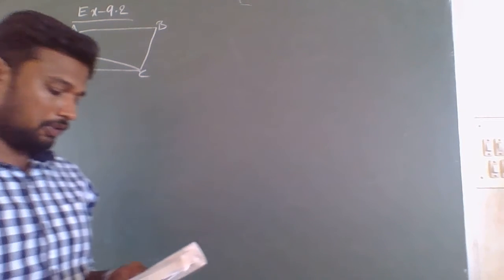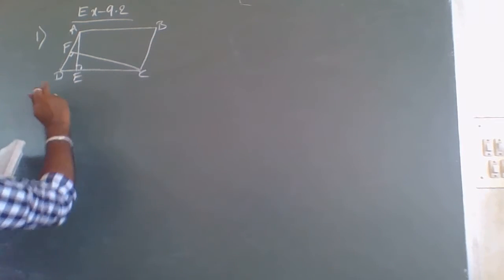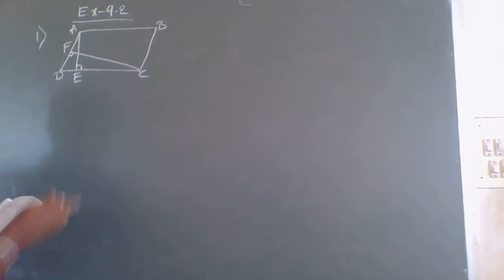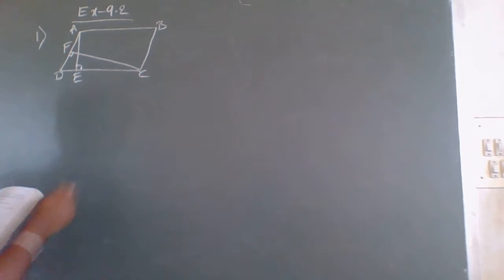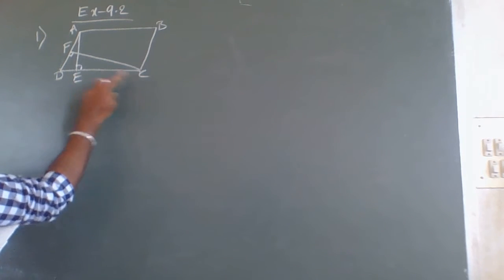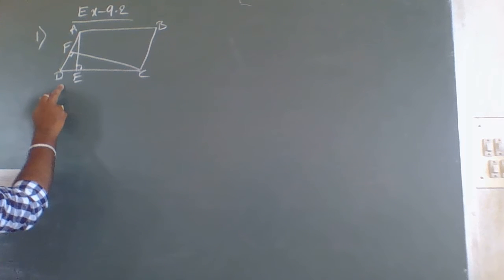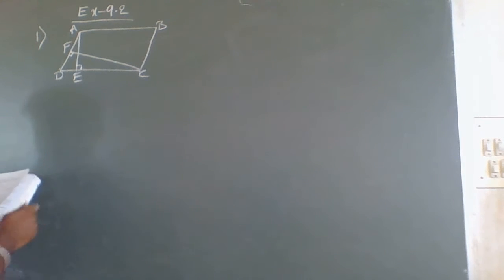So here what are given in this figure? ABCD is a parallelogram. This AE is perpendicular to CD, and this CF is perpendicular to AD.